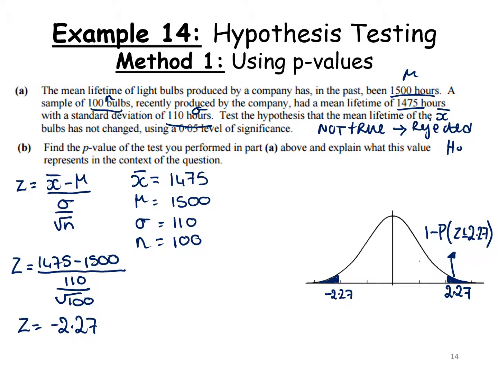Now, when I work that out, it's 1 minus the probability that z is less than or equal to 2.27. What I will do with my answer is double it, because remember I have two tails. So I'll get my answer for up here, but I also want my answer for down here.